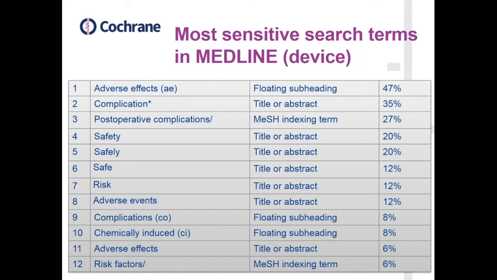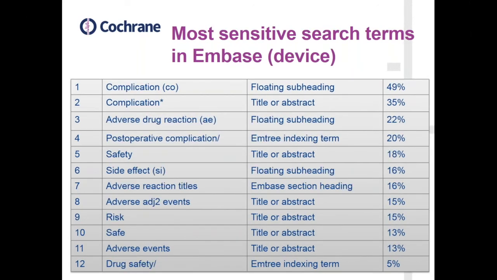So you can see that it gives a different hierarchy of terms. And the same was true for Embase. For medical devices, we had complication as a floating subheading as the most sensitive search term, followed by complication in the title and abstract. So as you can see, different terms. You need to think about what type of intervention you've got.